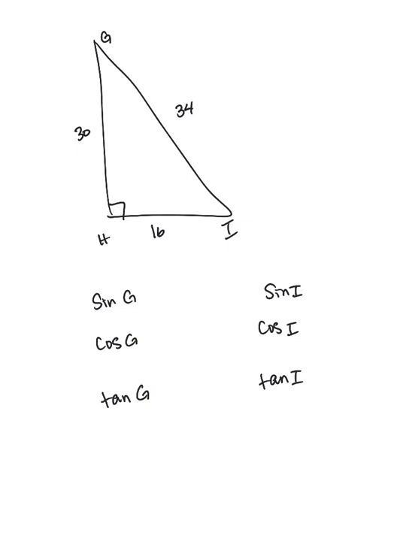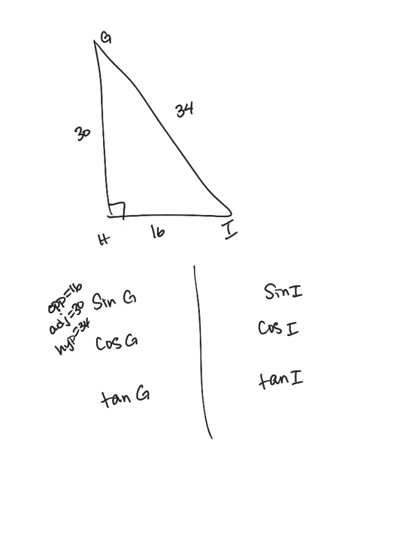So when you're dealing with G, the side that is opposite is the 16. It's going to change depending on which angle you're looking at. So the opposite is 16, the adjacent is 30, and the hypotenuse is 34.